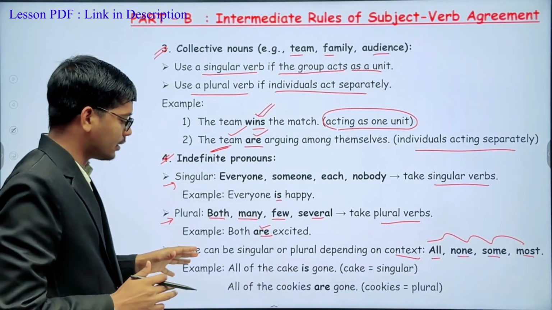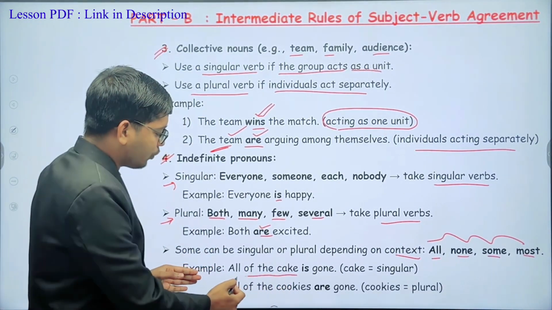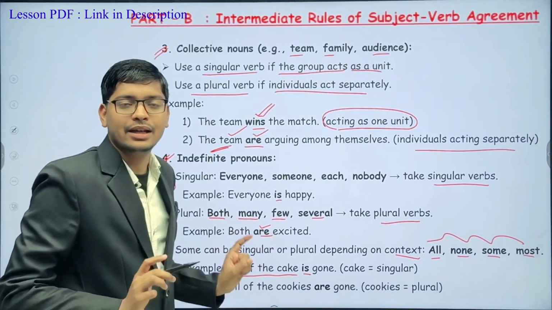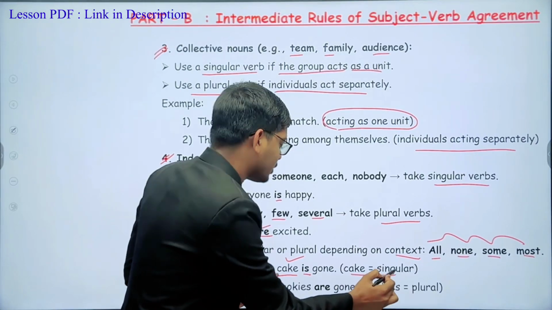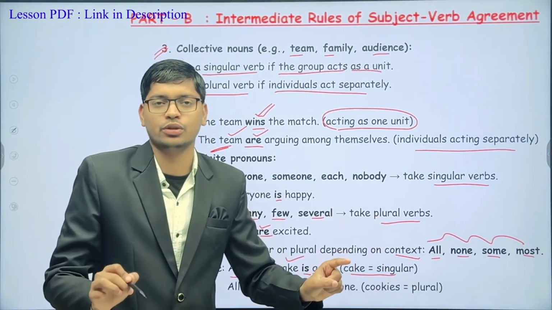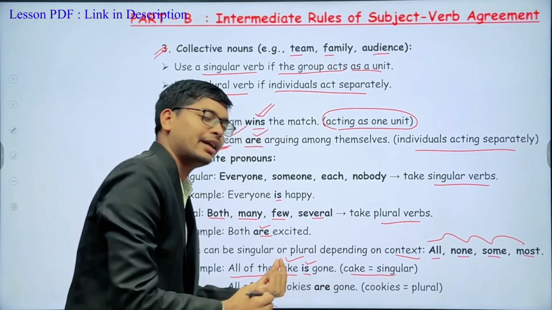Let's see an example: "All of the cake is gone." Here, cake is a singular subject, so we have to use a singular verb. The singular verb is correct here.